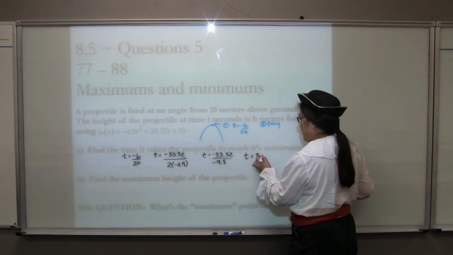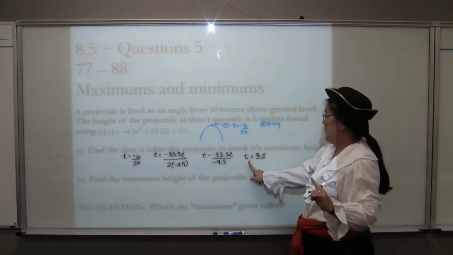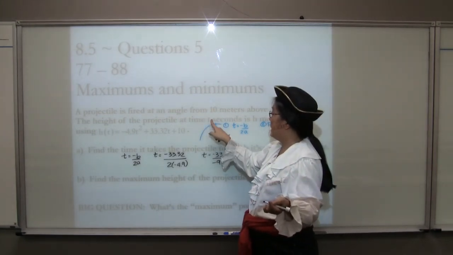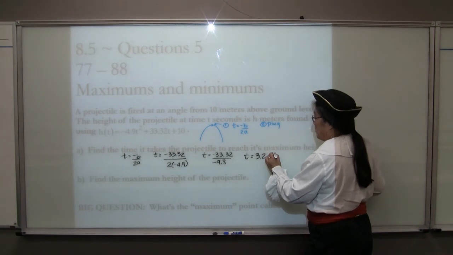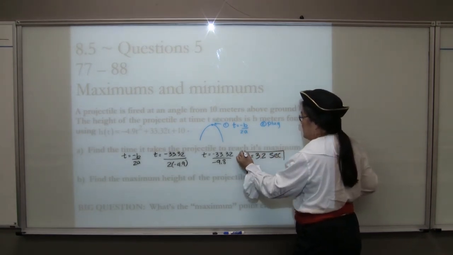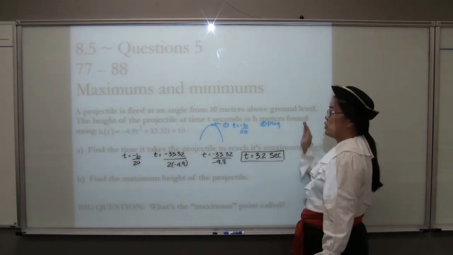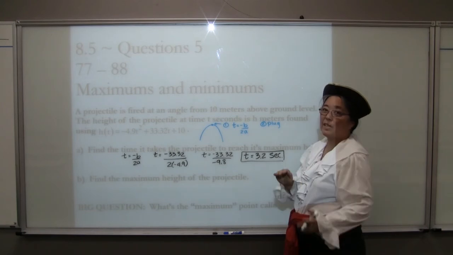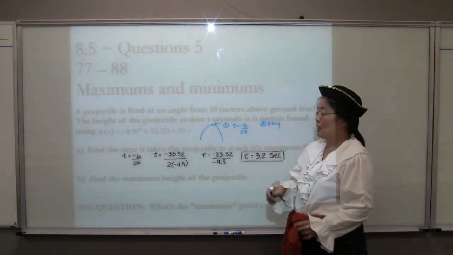T is going to equal 3.2. Word problem though, this is T. What is T? T is time, and time is in seconds. 3.2 seconds. If you think about it, that kind of makes sense. It's not going to be how many hours this projectile is in the air, it's going to be how many seconds it is in the air.